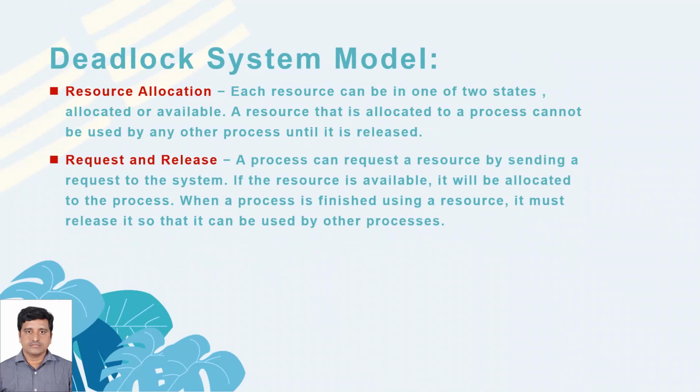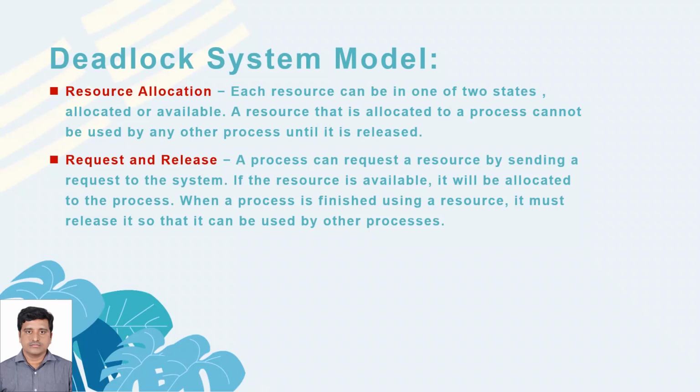A resource that is allotted to a process cannot be used by any other process until it is released. That means the process holds some resource like a printer. It prints everything and completes, and only then releases the printer or memory to another process. The resource is allotted to that particular process.